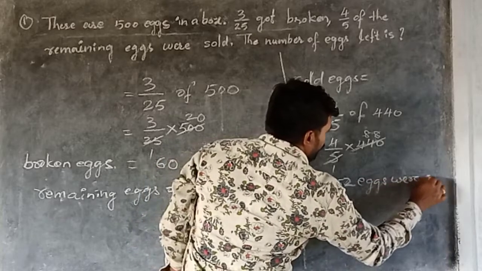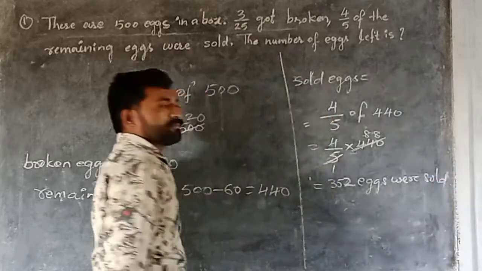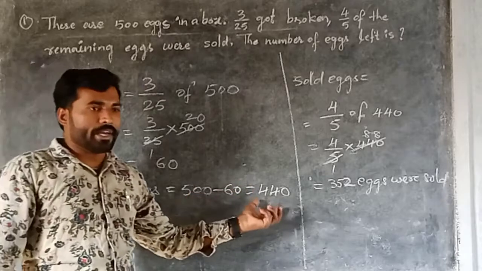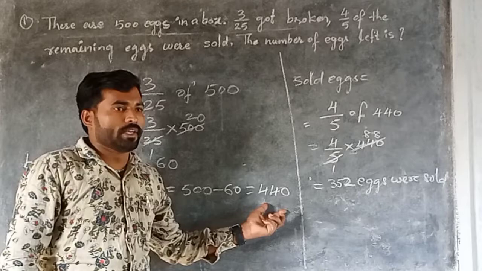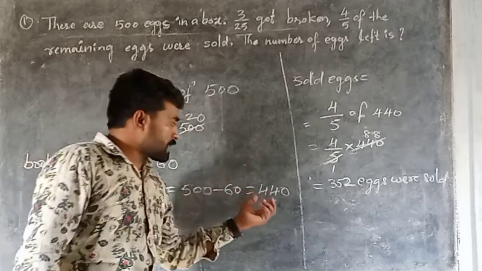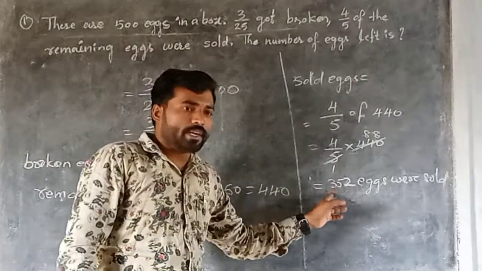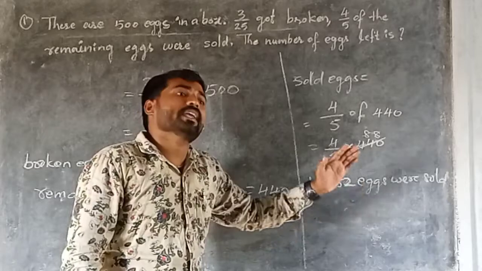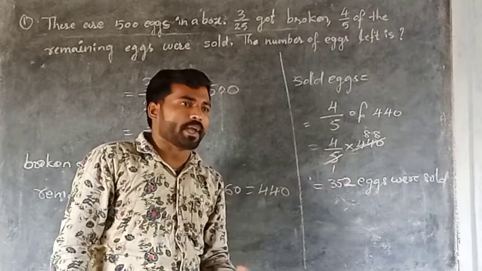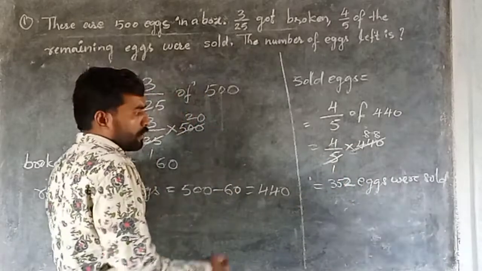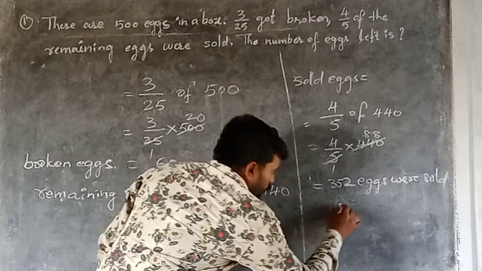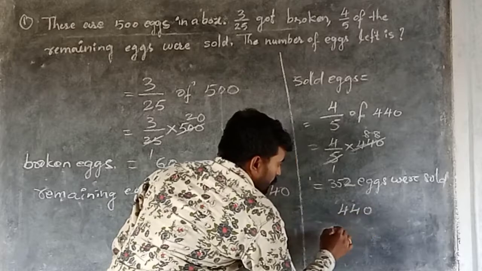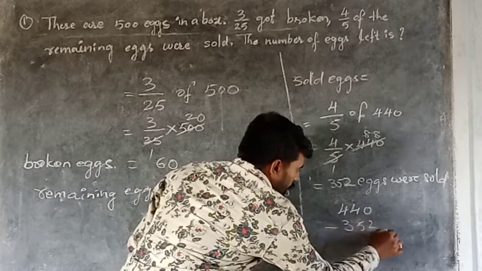Okay. You have 440 eggs only. Among these eggs, he sold 352 eggs. How many eggs remain? He is asking. So you can subtract. 440 minus 352.